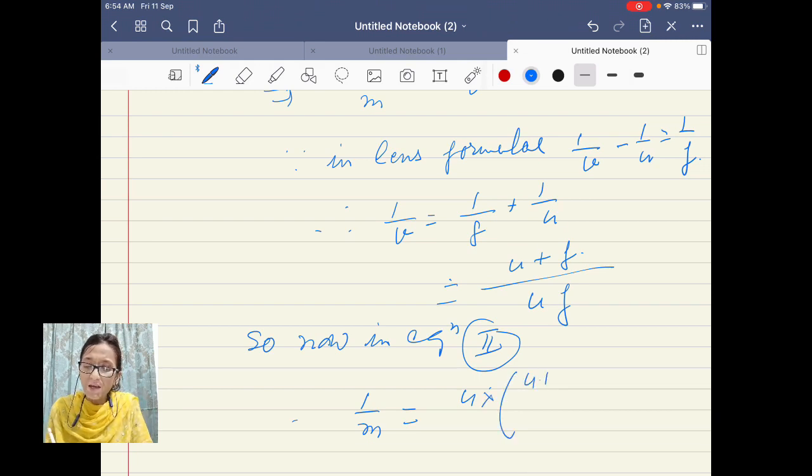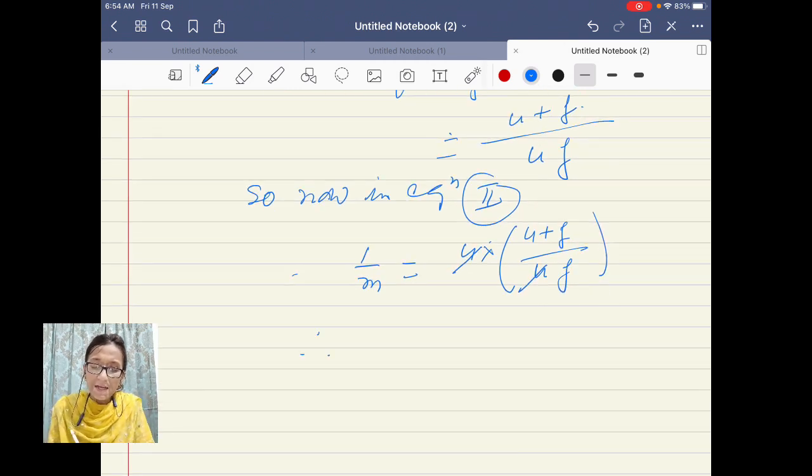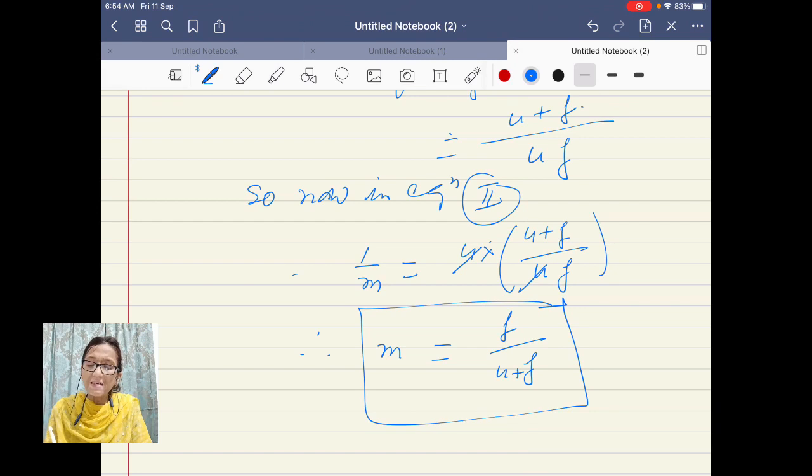What is 1 by v? u plus f divided by uf. u and u are cancelled, and therefore when you invert this 1 by m, you get m. m is equal to f upon u plus f. Okay, so this is magnification in terms of focal length of the lens and object distance.